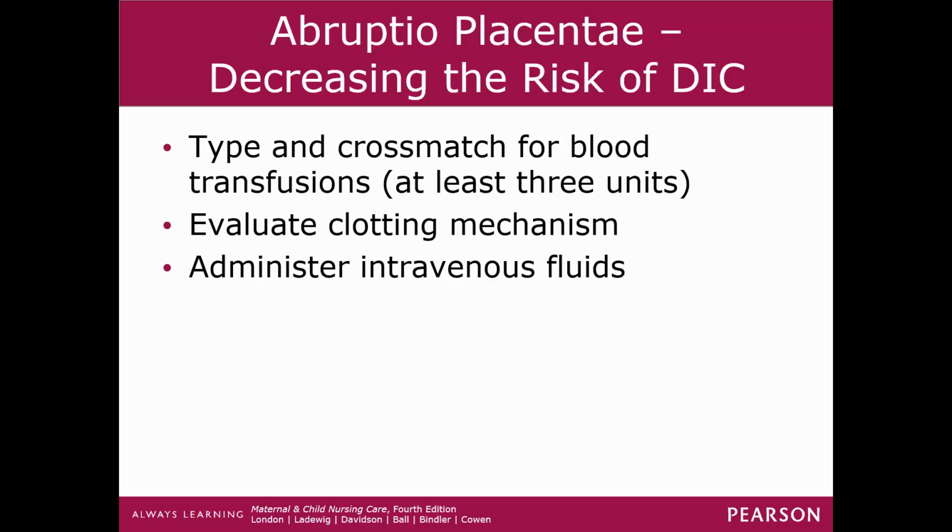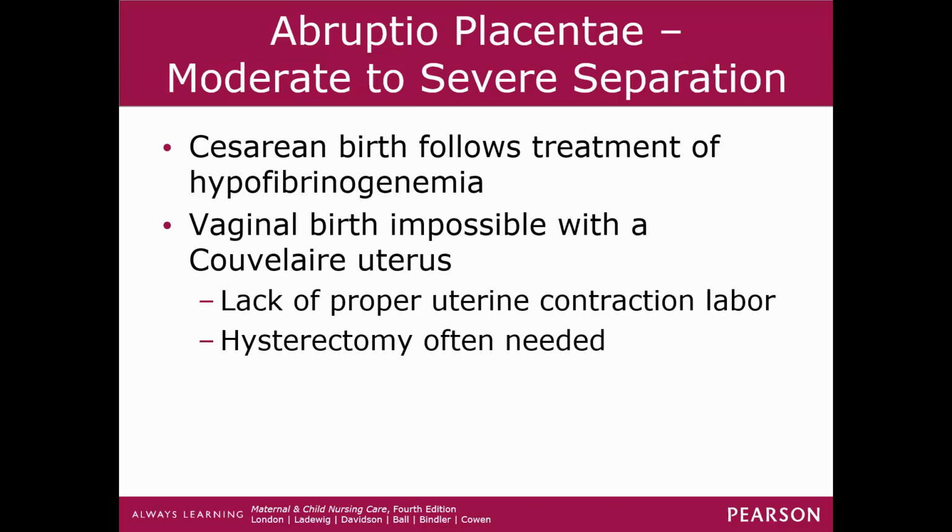Okay, so a patient with a bleeding issue always has a risk of DIC. So we're going to do all of our clotting studies. We're going to type and cross our blood for transfusions, IV fluids, do the delivery, and stop the bleeding issue.